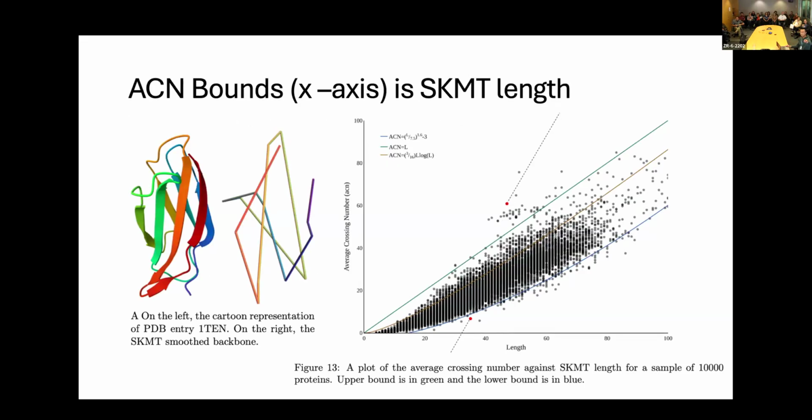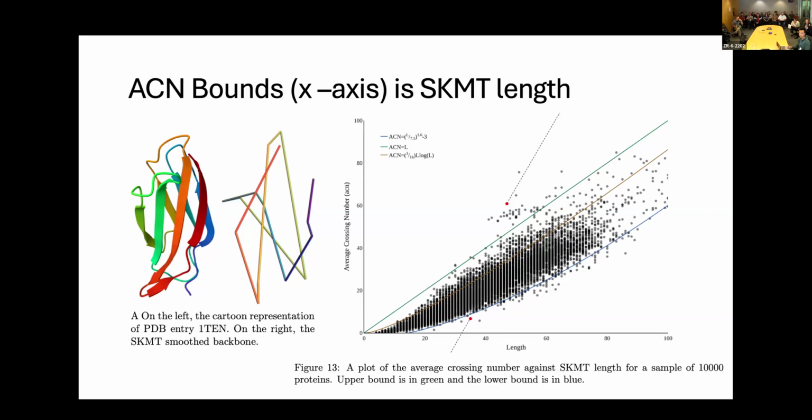So you can see the SKMT representation on the left, and the right shows you the bounds on ACN we saw in crystallographic data of like 10,000 proteins. So the bottom axis is the SKMT length, so the number of segments we have in this representation.